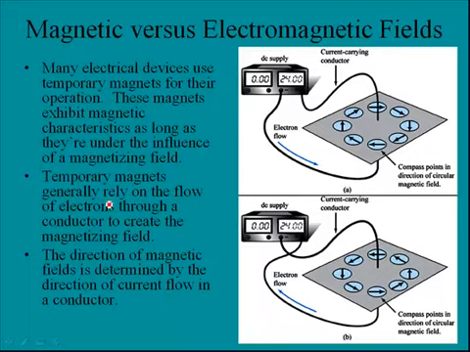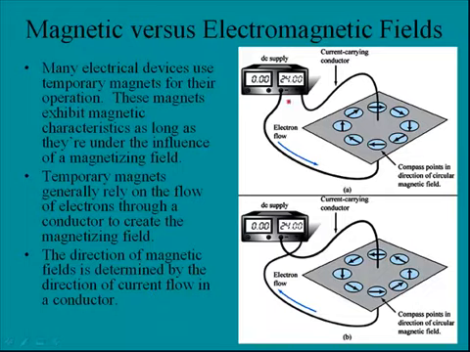Temporary magnets generally rely on the flow of electrons through a conductor to create the magnetizing field. The direction of magnetic fields is determined by the direction of current flow in a conductor. So this is an important point. The direction of magnetic fields is determined by the direction of current flow in a conductor.